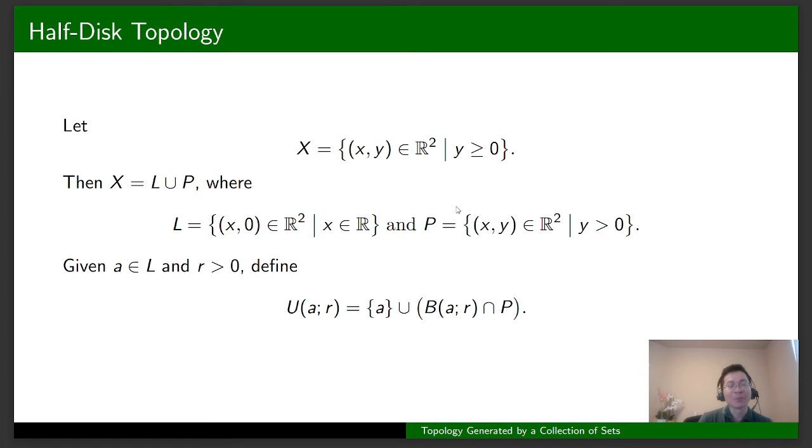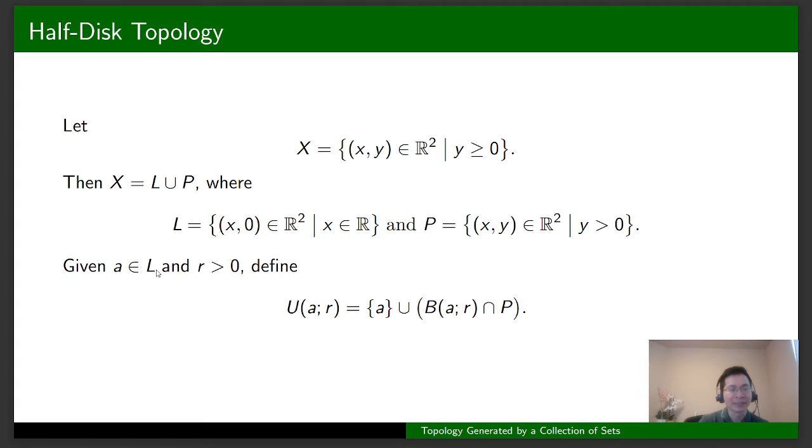The next example, which is also the final example we consider in this video, is rather involved. We consider X as the upper half plane. It consists of all elements (x, y) in R^2 such that the second component is greater than or equal to 0. And then X can be represented as the union of L and P, where L is the x-axis, and P is the positive upper half plane given over here.